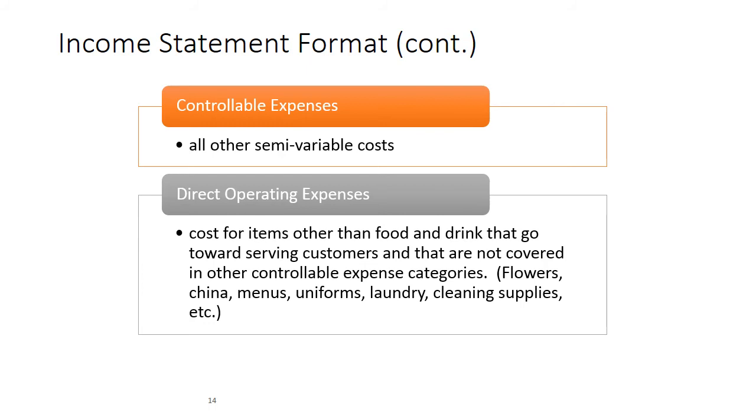So things that aren't food and drink, but things like flowers and decorations, parking services, cleaning and paper supplies, kitchen and bar licenses, all kinds of things that go toward serving customers, but not things that they specifically buy. Okay, so these are direct operating expenses.